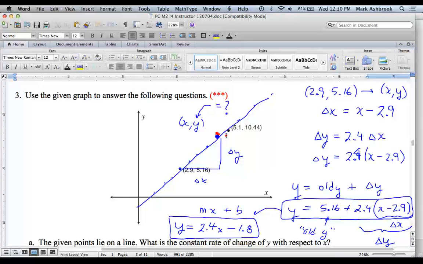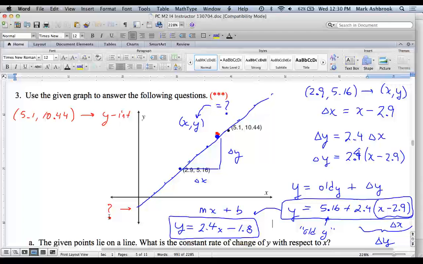Does that make sense? So this is your starting point now. And our finishing point is this y-intercept. So go through the process to figure out what that is. Pretending you didn't know.